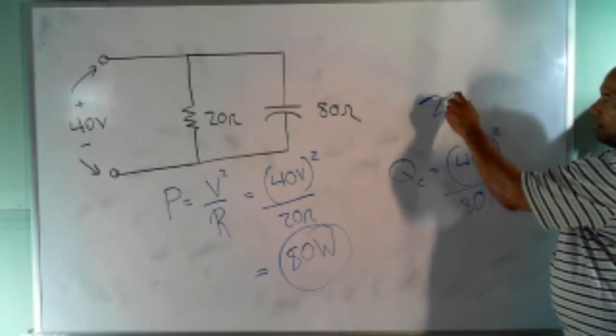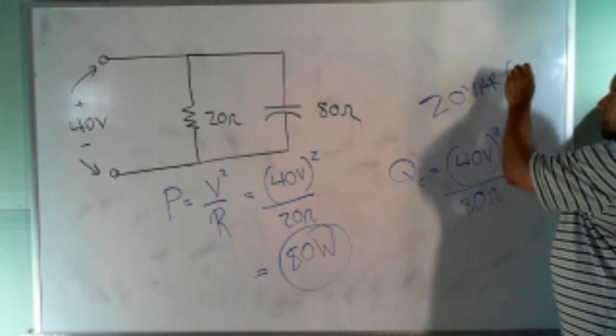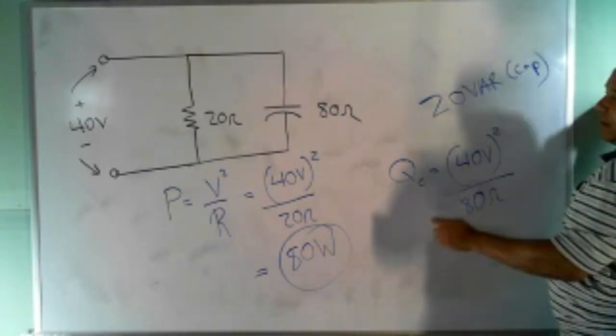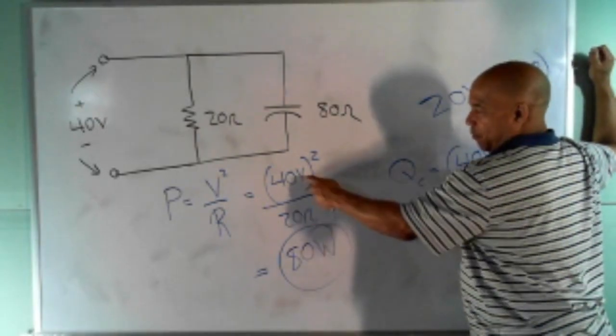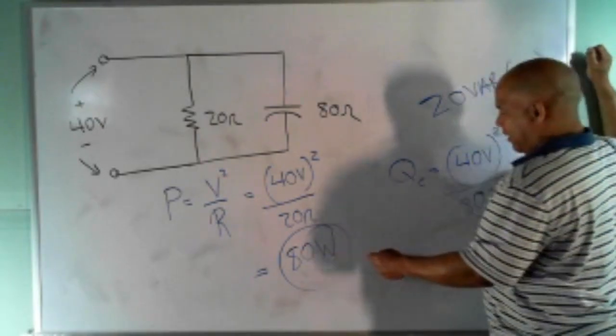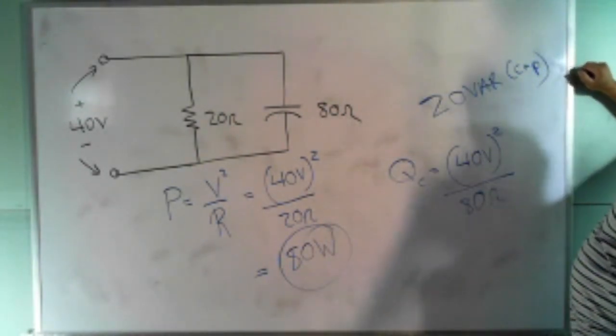Isn't that weird? Capacitive. So if I take 40 squared over 20, I get 80. If I take the 80 and put it here, 40 squared over 80, I get the 20. Fascinating.